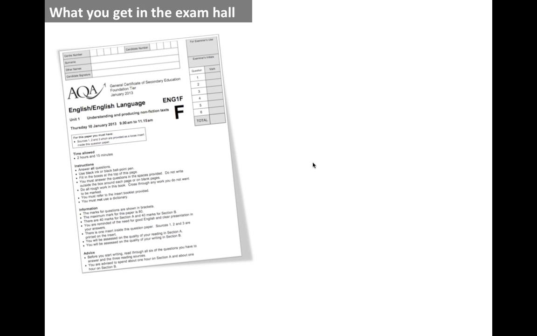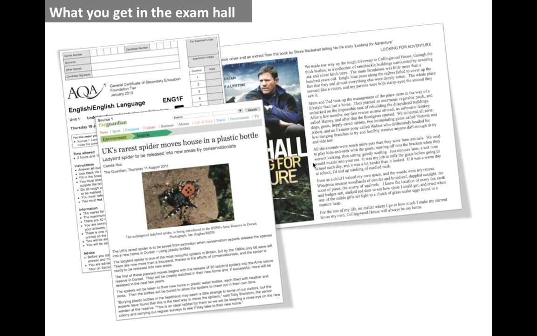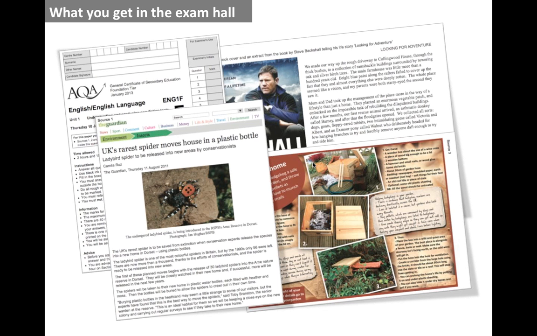So what is it you actually get in the exam hall itself? Well, by now, most of you would have already sat a copy of this exam, so you'll be familiar with the fact that the answer booklet is one big, usually about 16-page booklet. And then inside of that, all joined together, you'll have three source materials. For January 2013, source 1 was this, source 2 was that, and source 3 was this.